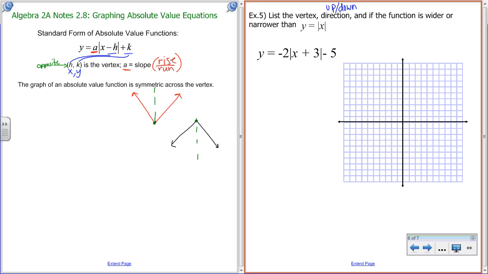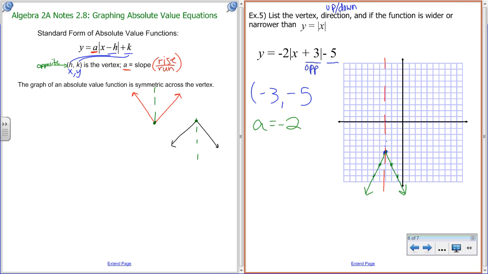So I have a vertex of (-3, -5), the opposite of this, and then what I'm adding. And then my slope is -2. So we're going to graph (-3, -5). Draw in that line of symmetry for that. Count my slope, down 2 over 1, down 2 over 1. And then we're going to reflect those points.